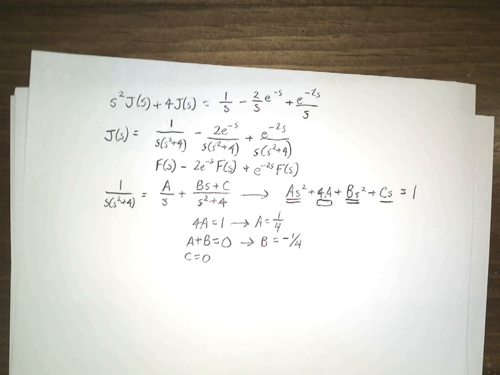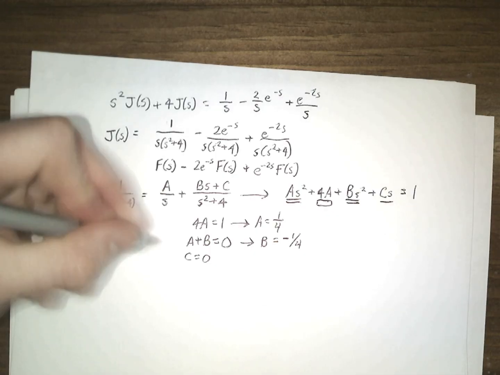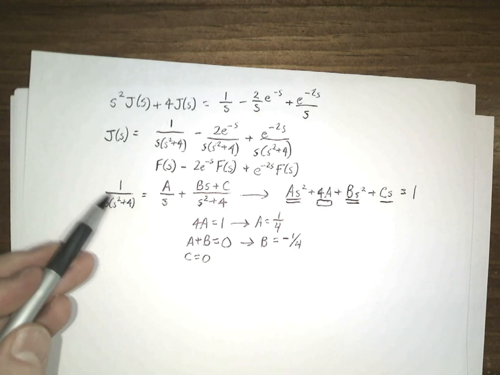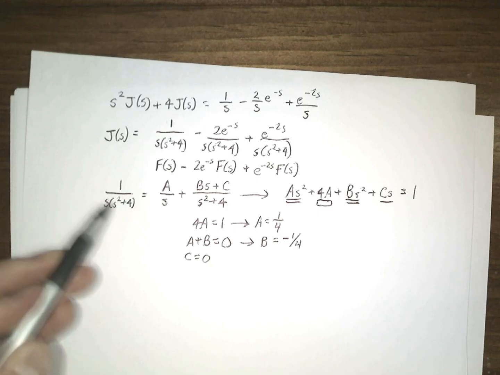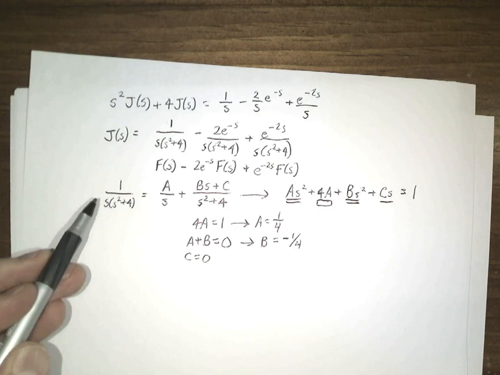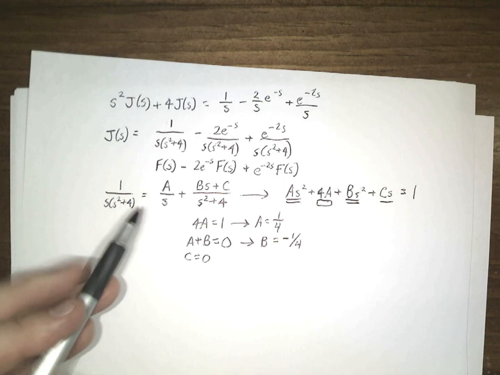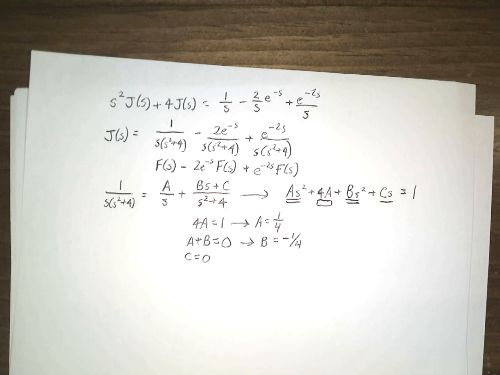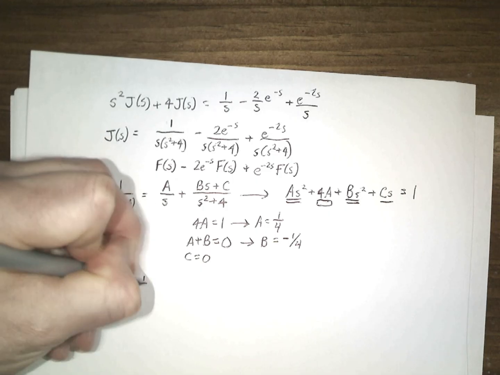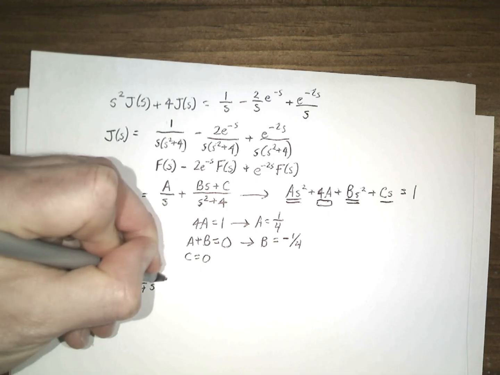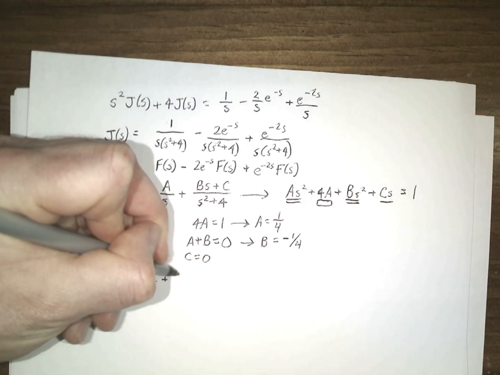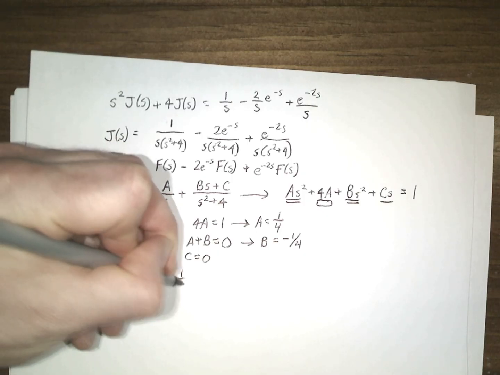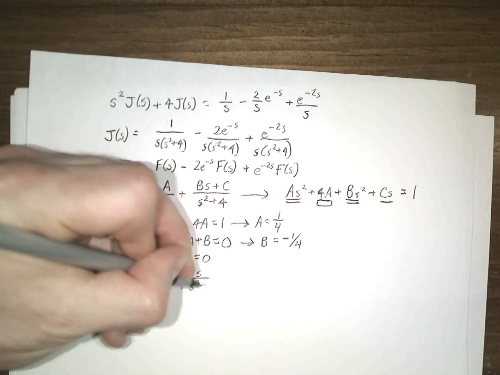And what this means now is that we can take this function we want to find the inverse Laplace transform of. We've decoupled it into partial fractions, which are a little bit more digestible, in which we can find things that match in a table. So we have 1/4 times 1 over s plus 1/4 s over s squared plus 4.